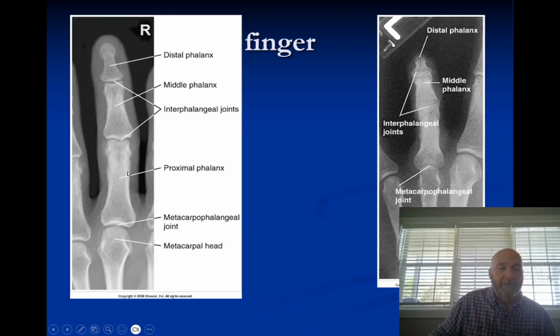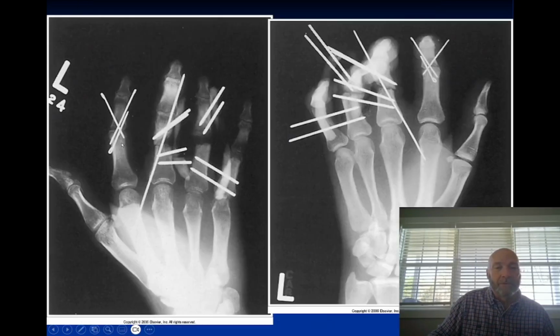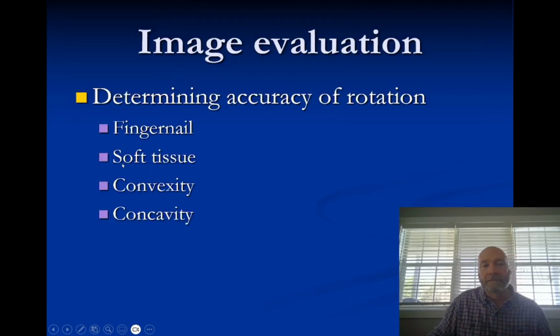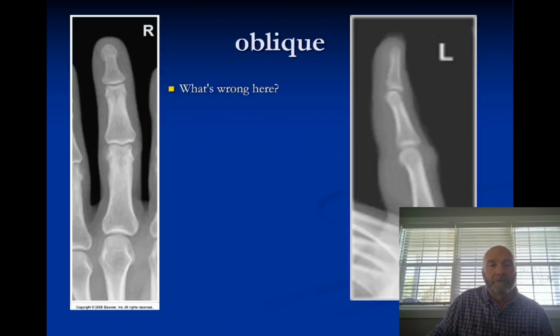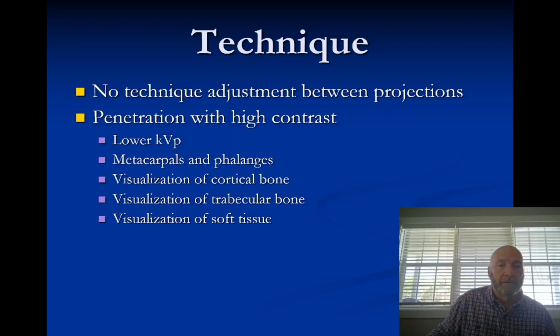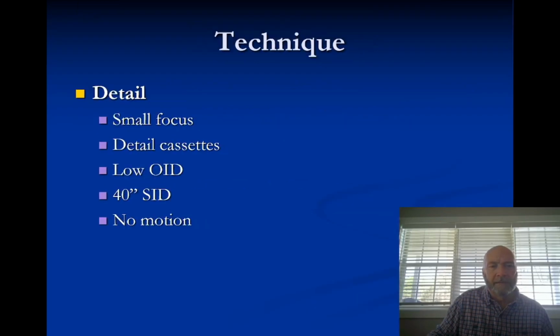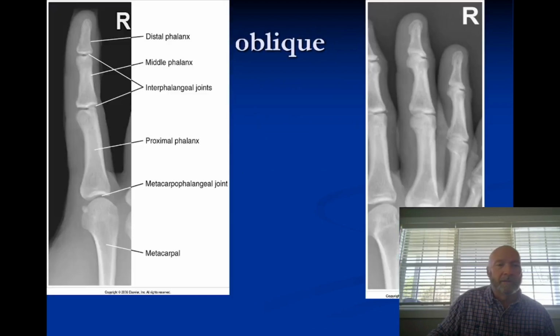So you've got concavity on both sides, but when you get to the oblique, what you're going to have is a loss of concavity on the posterior side, and an increase in concavity on the anterior side.